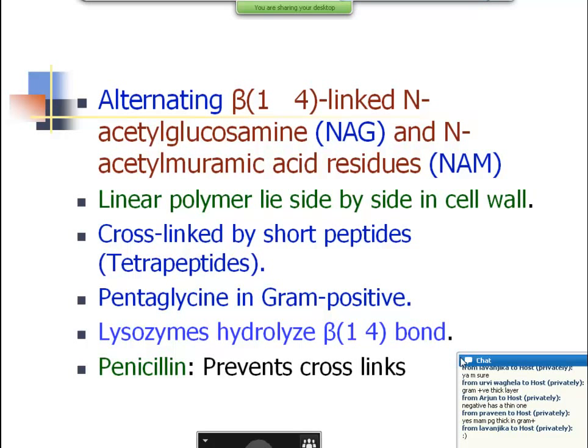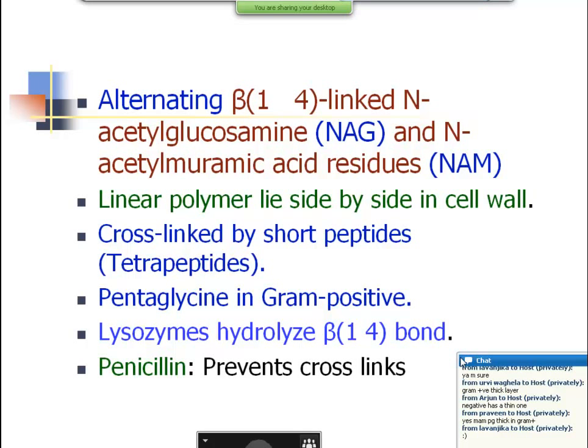There are several other differences. In the case of gram negative, the peptidoglycan layer is in between the outer and the inner membrane. There is no outer membrane in the case of gram positive.